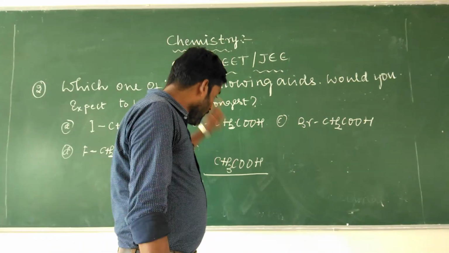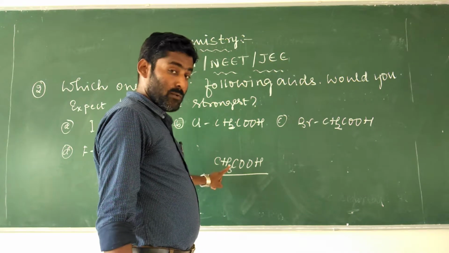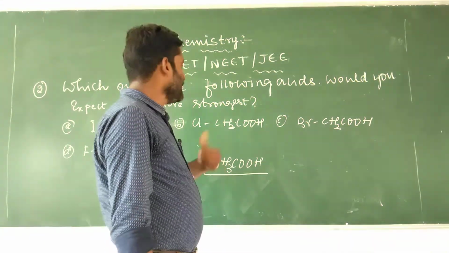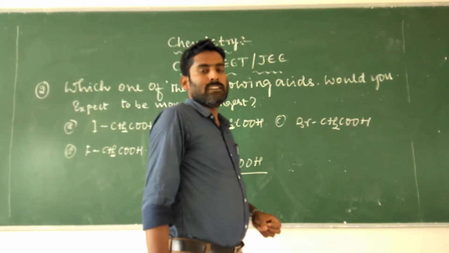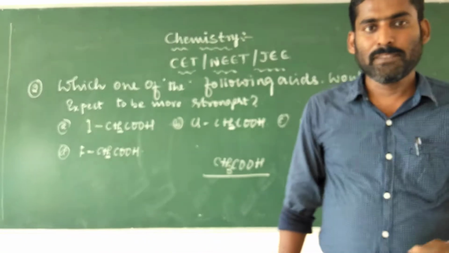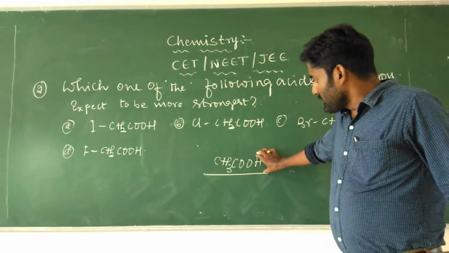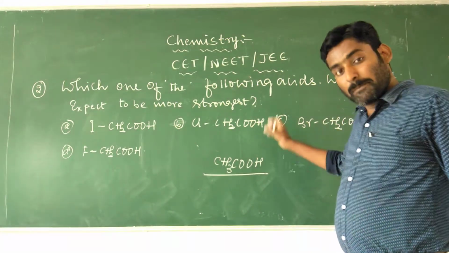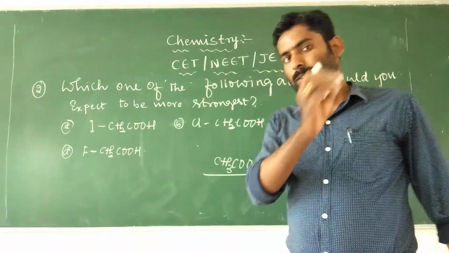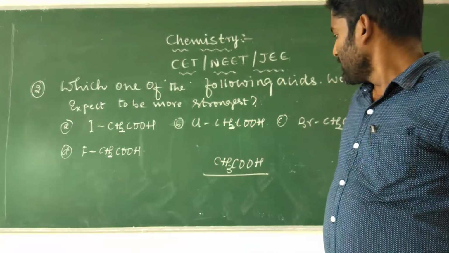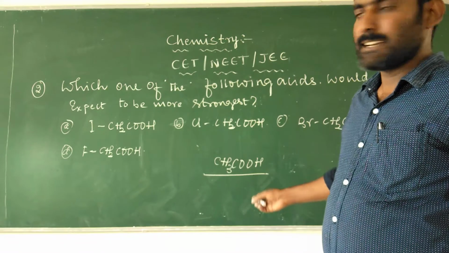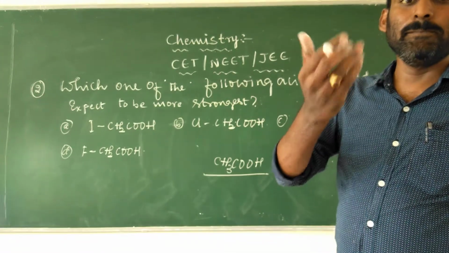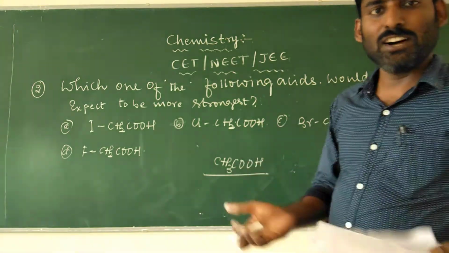So whenever one of the hydrogen atoms of the methyl group of acetic acid is replaced by a halogen atom, its acidity increases and it becomes stronger.